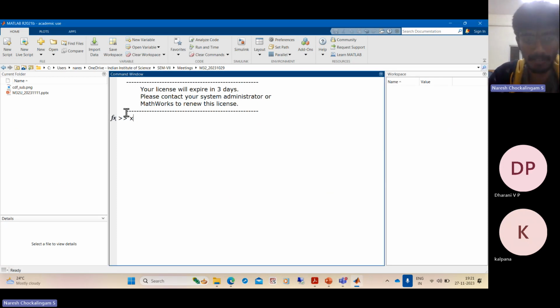So if say x, you take it from -10 to 10. And y, let me construct it by the given polynomial.